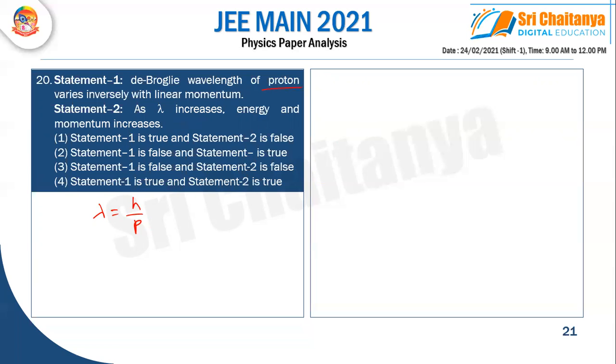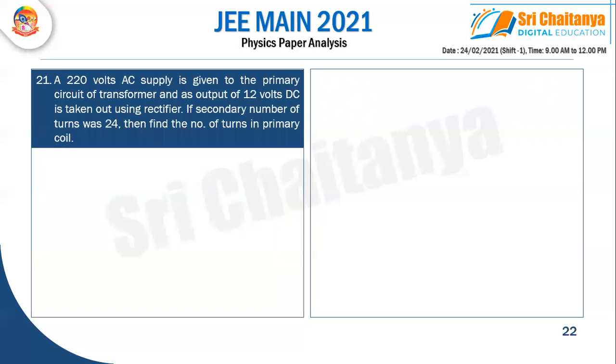The same is the case for energy, because kinetic energy is equal to p square by 2m, so 2m KE is equal to p square, and p is under root. So lambda is equal to h by root of 2m KE, and for that reason, as lambda increases, KE should decrease. And for that reason, statement 1 is true and statement 2 is false. We'll move on to the next question, please.